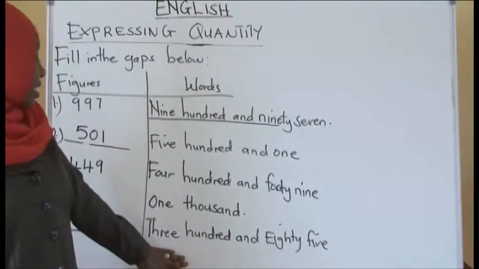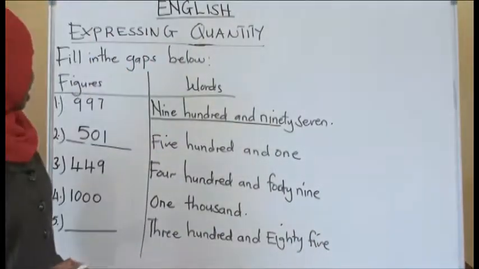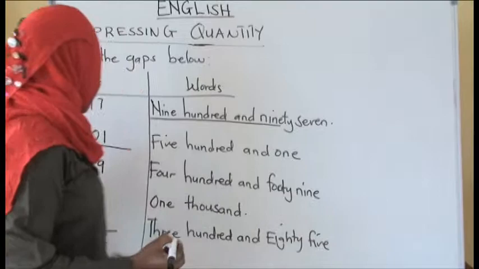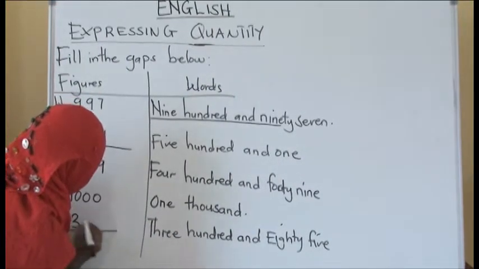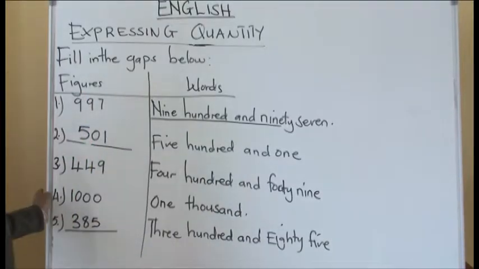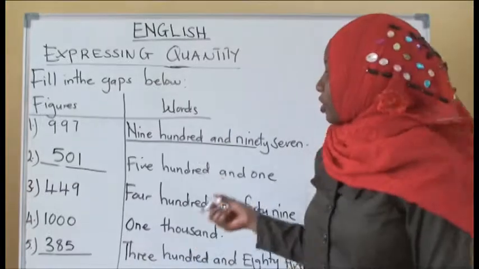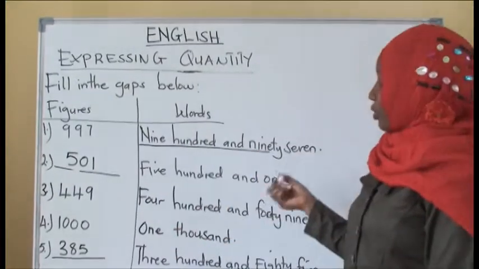Just write the word 300 first, then add with the word 85 to get the word 385. So you first write your 300 here, then you add number 85. You get the word 385. So this was what you are supposed to do.